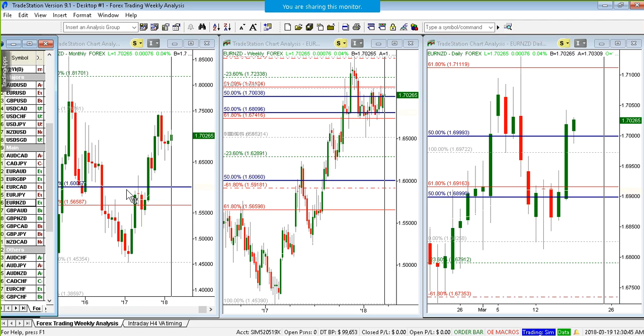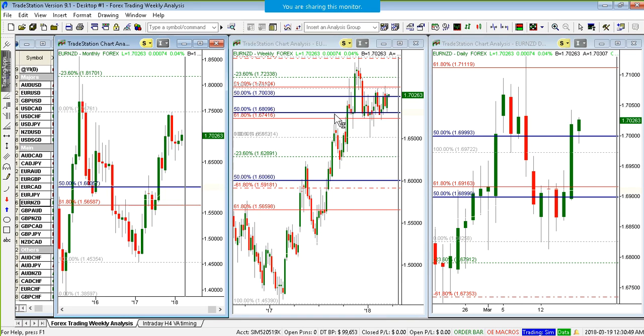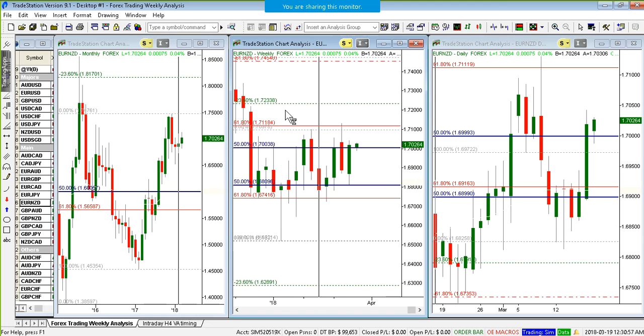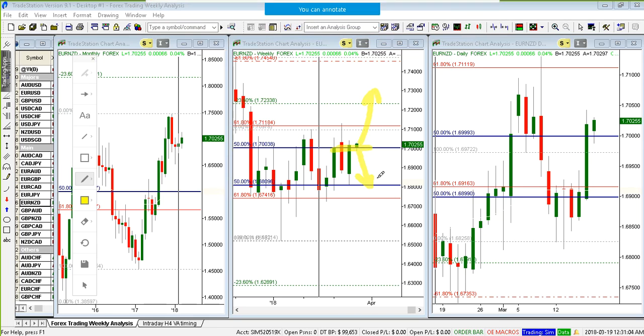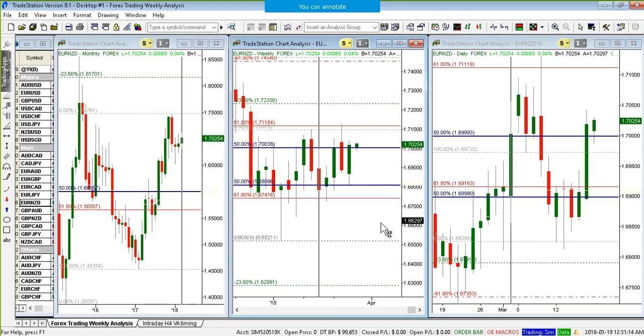Euro versus New Zealand dollar. The euro versus New Zealand dollar is moving within these two areas of resistance and support. Bulls have filled, bears have filled, and this market is now testing the top of this range here. It could continue higher or retest, depending also on the relative weakness of the New Zealand dollar to the euro.